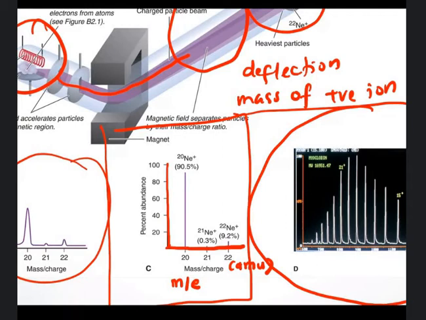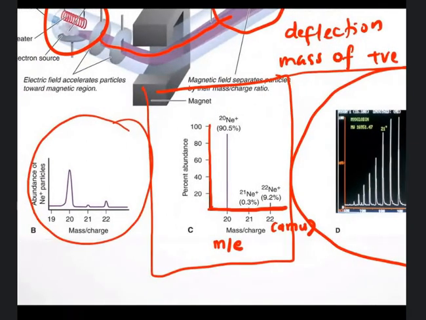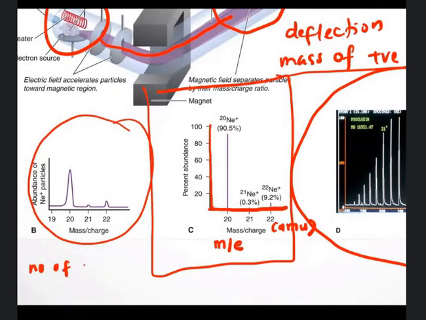Okay, so let's look at the peaks pula. Can you see how many peaks available on our mass spectrum? 3. Ada 3 kan? Okay, that's correct, there are 3 peaks and all of the peaks have a different intensity. So mula-mula apa yang you all kena faham adalah number of peaks. This is especially when we have a sample that contain element like this.